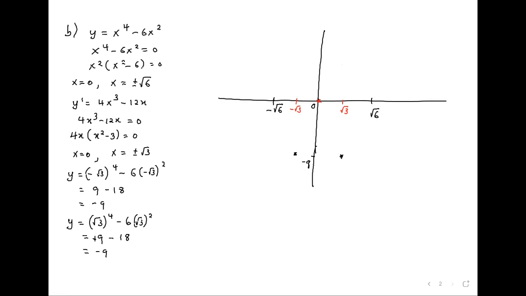So these are the x-intercepts, the ones where we equate the original equation to 0. The ones we use to find the turning points are these, where we equate the first derivative to 0.